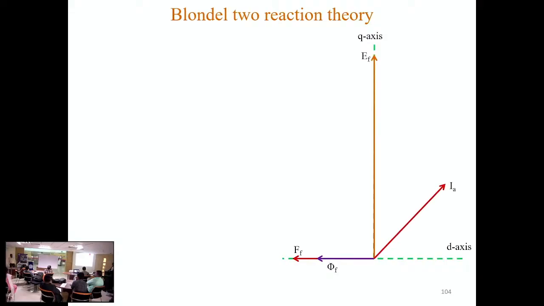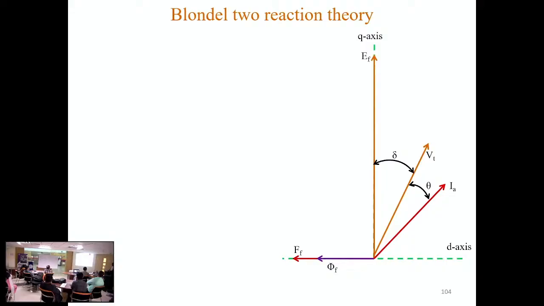If we consider a lagging power factor load, IA will be drawn lagging EF by some angle, and VT. IA will also lag VT if we consider the impedance drop. Now the angle between VT and IA is theta, the angle between EF and VT is delta, the load angle, and the angle between IA and EF is called the internal power factor angle.